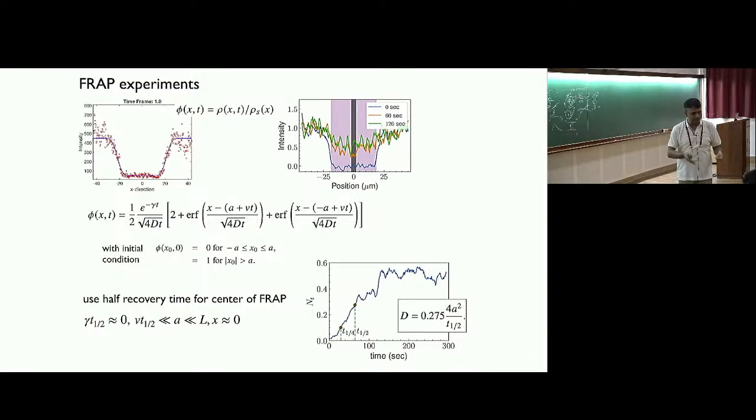Since this is happening very fast and we know the degradation happens over a very long time scale, we hold gamma to be 0 within that time scale. So you can fit this function with a single diffusivity, which doesn't change with time, and extract the diffusivity from this.